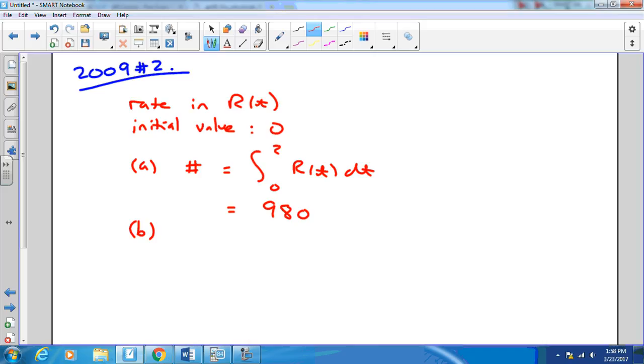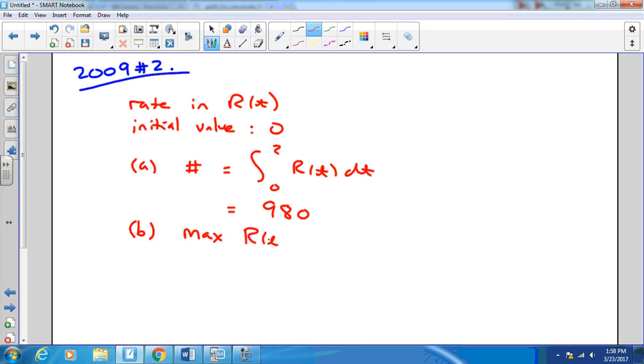Part B, find the time when the rate at which the people enter the auditorium is a maximum, justifying your answer. A lot of students will miss this question because they try to find the max of the wrong thing. So we want to pay close attention to the thing we're trying to find the max for. They want the max of the rate, and the rate is r(t).